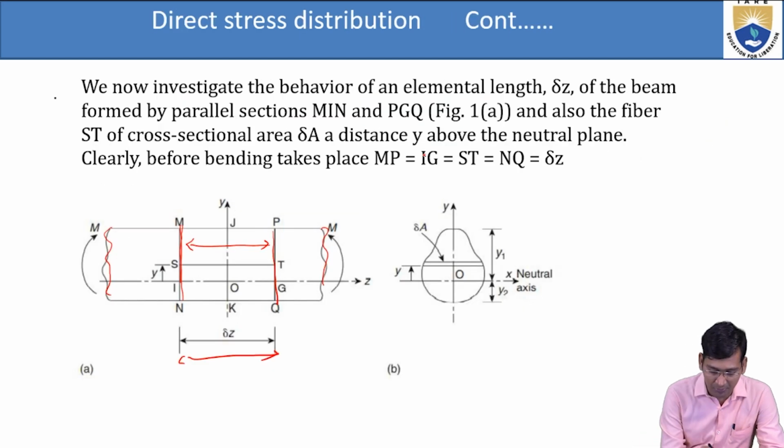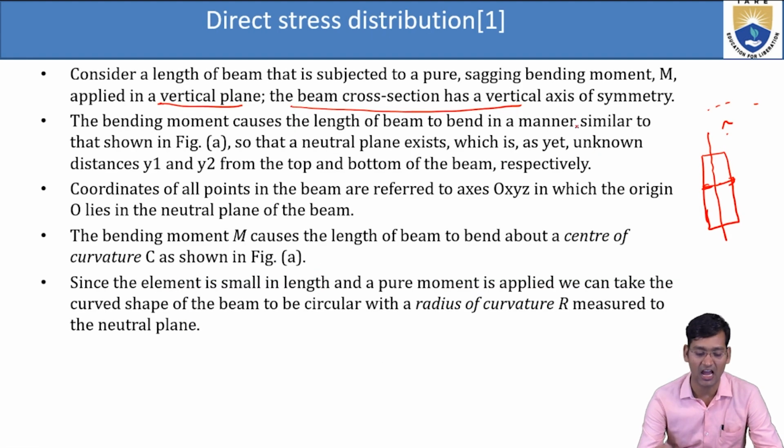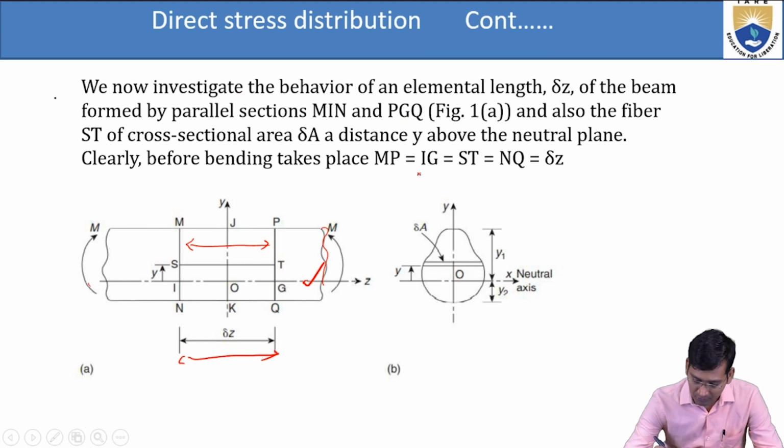In this case the neutral plane exists, and that plane is this dotted one, Z1. This is the neutral plane, which is at as yet unknown distances y1 and y2 from the top and bottom of the beam respectively. From the top of this cross section, at a distance y1, and from the bottom at a distance y2, this neutral axis is there.